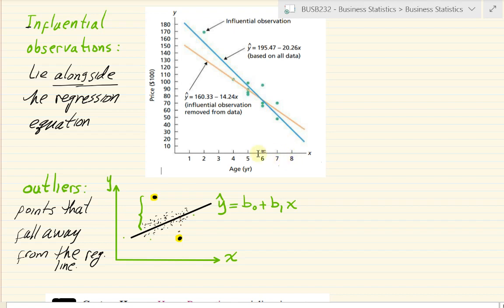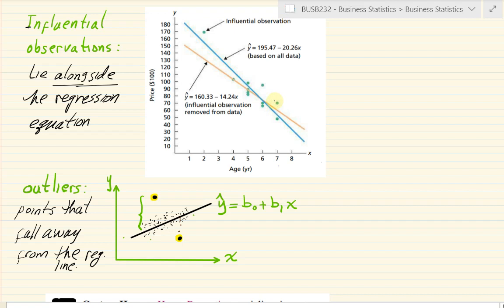If I had an observation whose y value was way up there, that would be an outlier. See how it sits away from the blue line? These two data points are near the blue line, but this one is far away from it. So that would be an outlier.